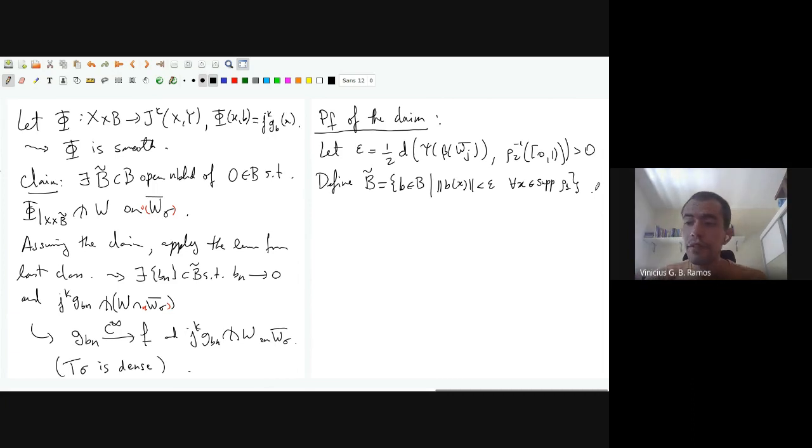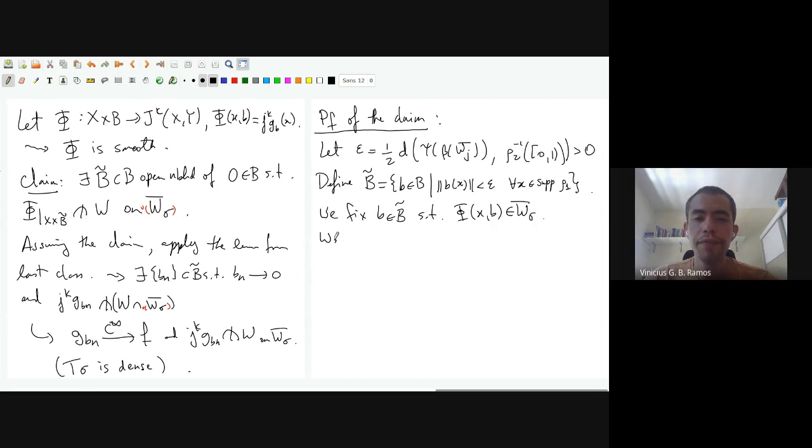Okay, so now we will show, now we pick a point in B. Now we fix xb in B tilde such that phi of xb is in W sigma bar.